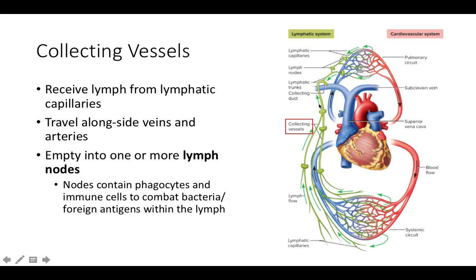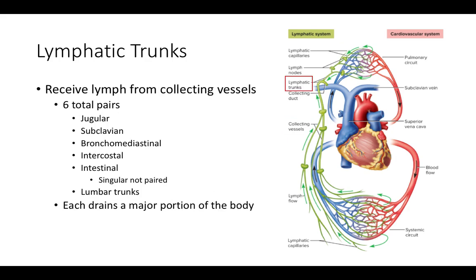And so those nodes are again important because they act as our Brita filter. They have those phagocytes and immune cells that are going to filter the lymph as it passes through and combat all of the bacteria and waste materials and foreign antigens that they're carrying.